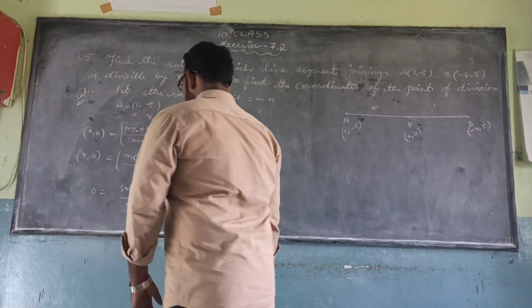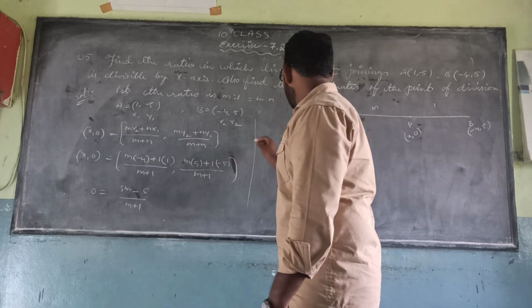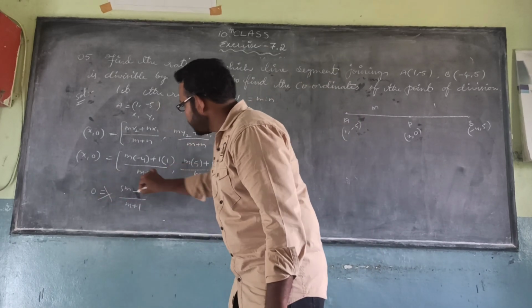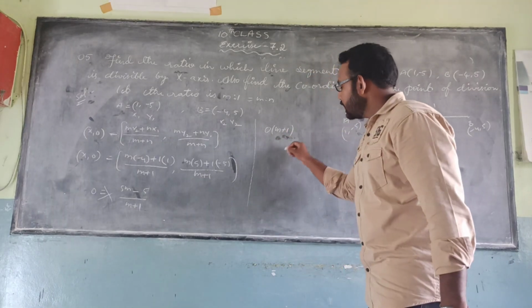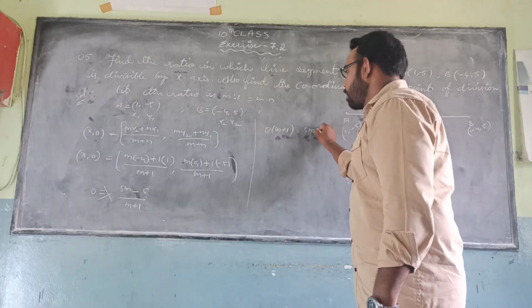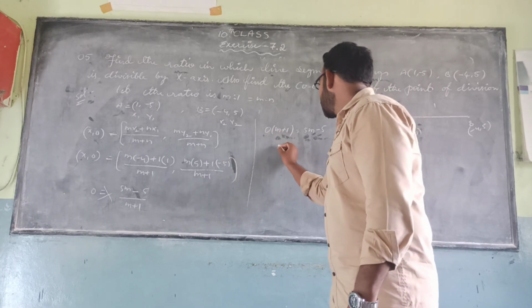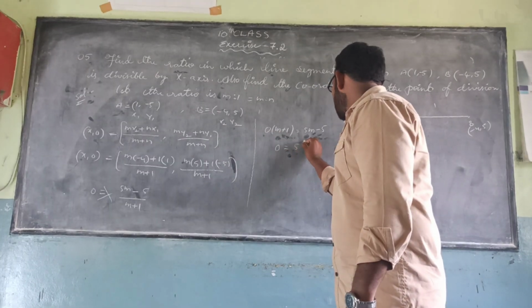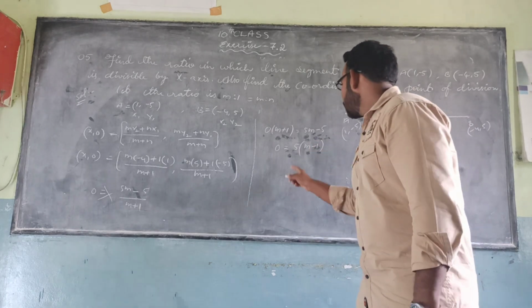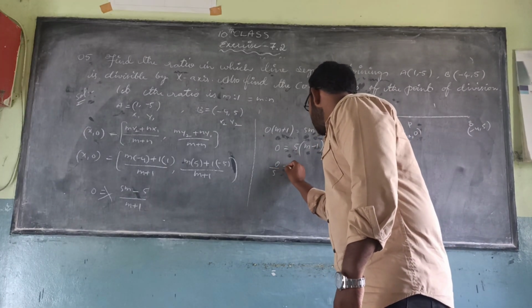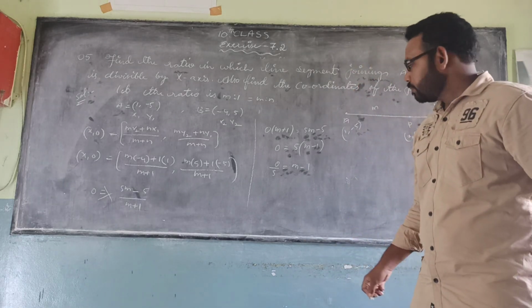Here, if you do cross multiplication, then you will get 0 into (m plus 1) is equal to 5m minus 5. 0 into anything gives you 0, that is equal to 5 times (m minus 1) after taking 5 common. Here 0 by 5 is equal to m minus 1.